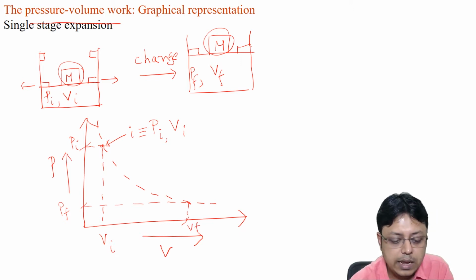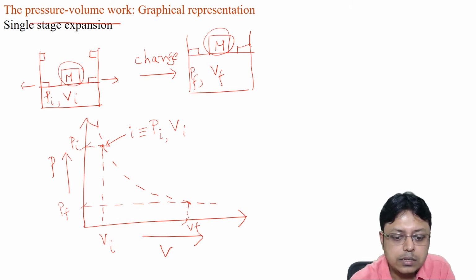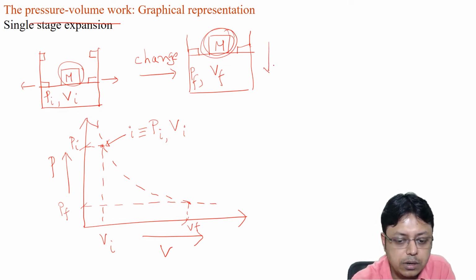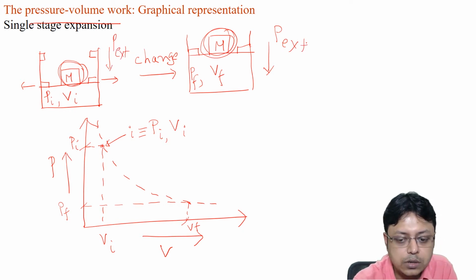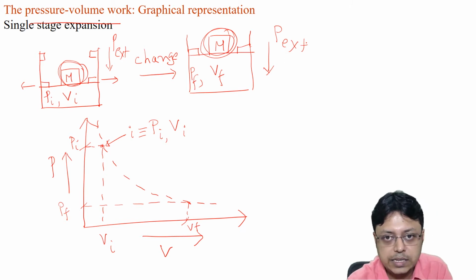Now this was done against an external pressure. Now what was that external pressure? Here let us try to understand that this mass is creating a pressure which is the external pressure. Here also it is creating this pressure, which is the external pressure, which was constant throughout the change of this system.